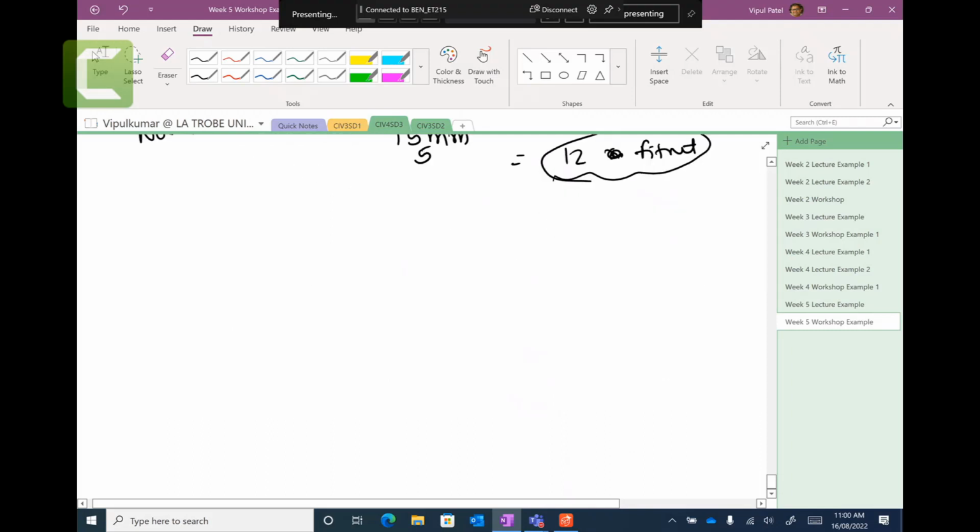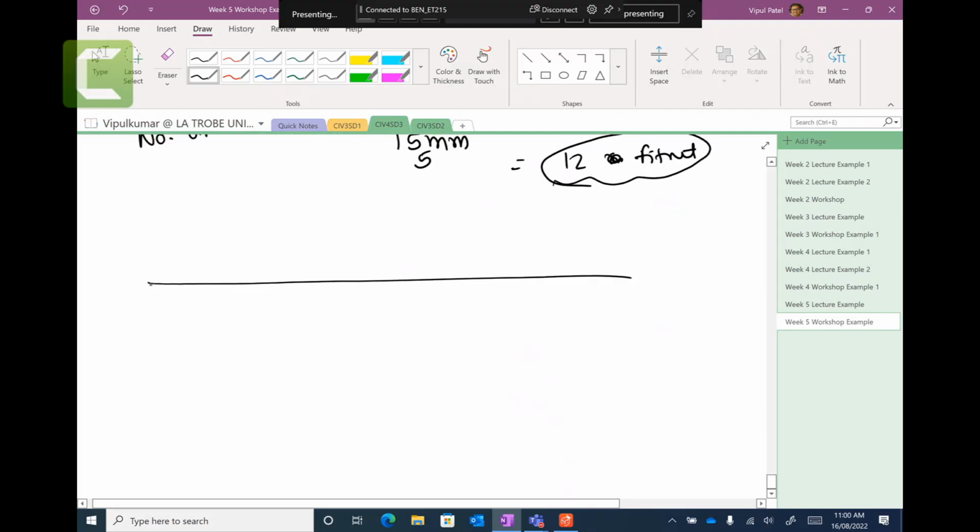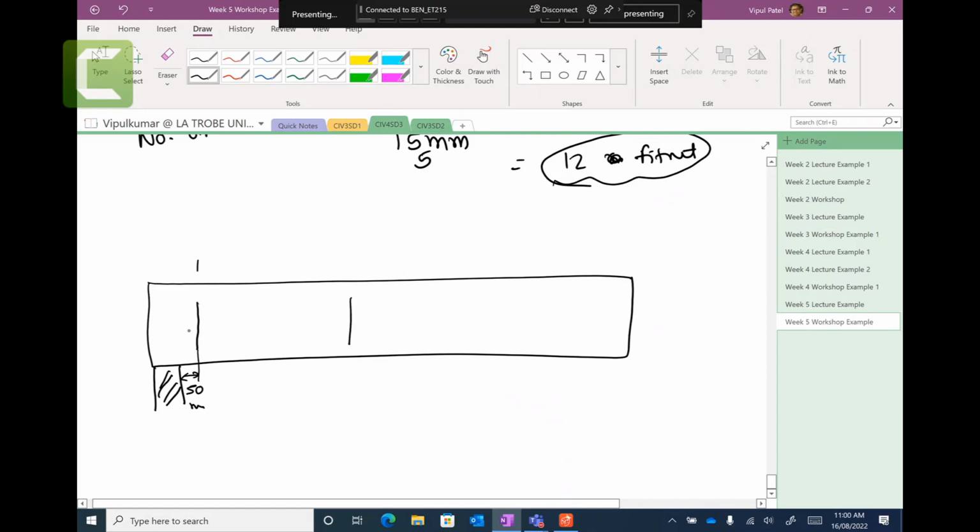So from here to here, as I mentioned, this is your beam. Let's provide a drawing where your first fitment would be at a distance of 50 millimeters. And from this point, you're going to provide 12 fitments at the spacing of 155.